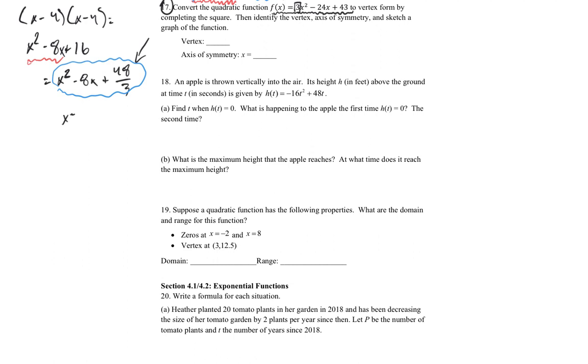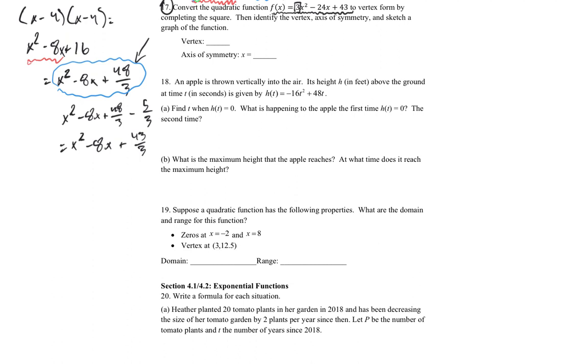So then would you agree that if we have x squared minus 8x plus 48 thirds minus 5 thirds, this should equal x squared minus 8x plus 43 thirds. Wait a minute, that's exactly what we have up here. Look at that, that's nuts.